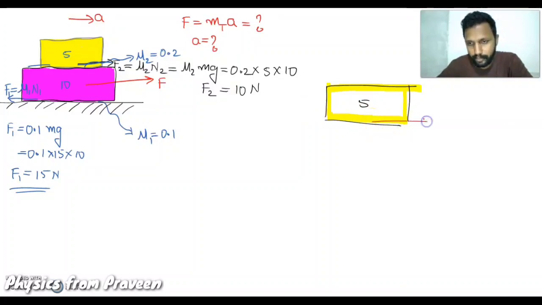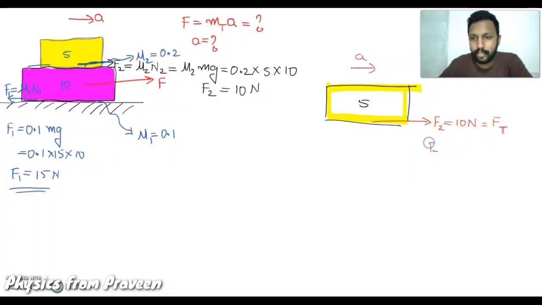That is, the frictional force F2 is the only force acting over this 5 kilogram block, and this force is causing it to move with an acceleration A in this direction. As we know, F2 value is 10 Newton.